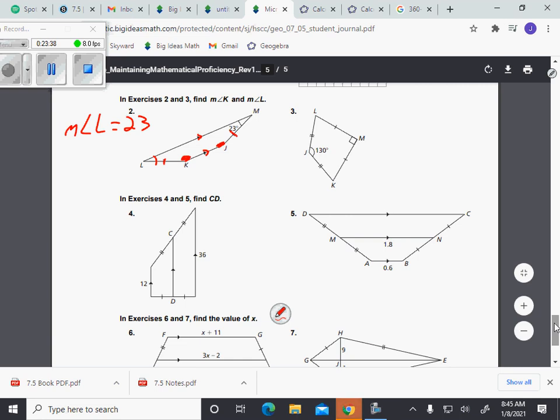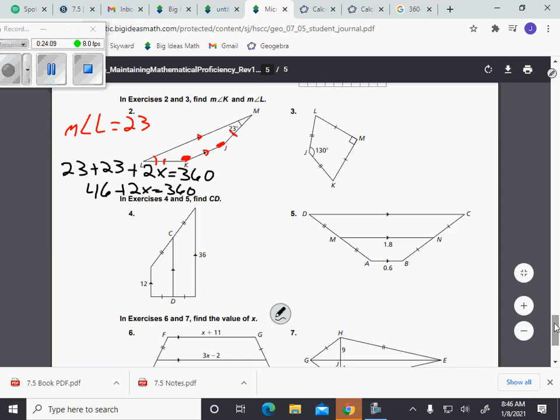Another thing we know is that K and L are congruent because it's an isosceles trapezoid. So what we have to do is add 23 plus 23 plus 2x equals 360. I said 2x because we have 2 angles that are missing, and they're the same angle, x. 46 plus 2x equals 360.